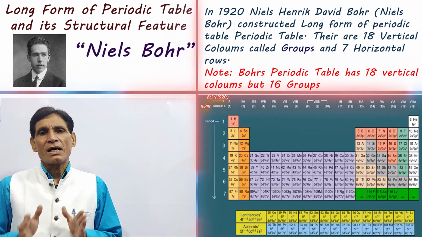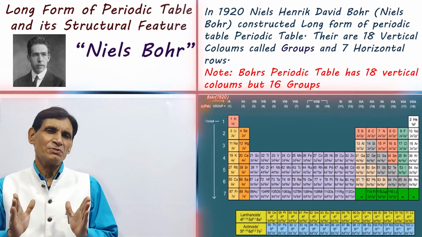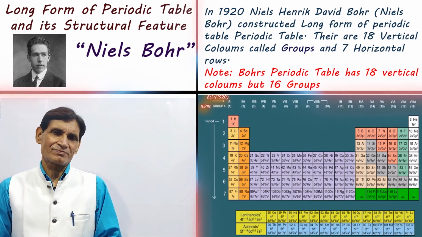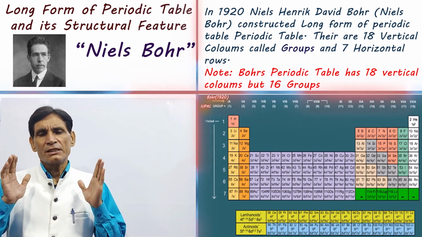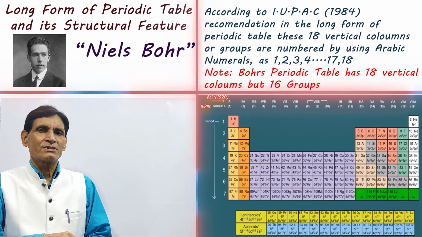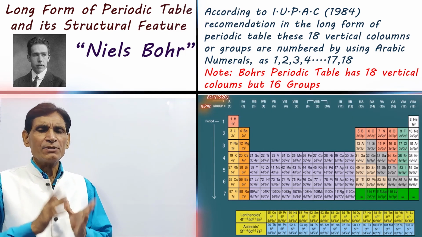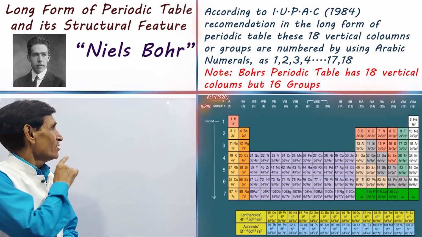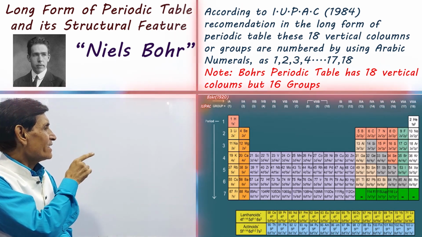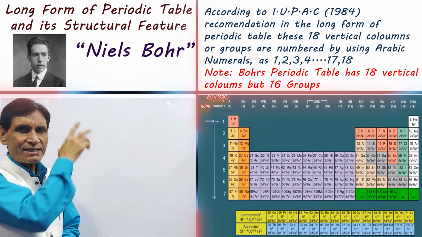According to IUPAC, the International Union of Pure and Applied Chemistry, in its 1984 recommendation, in the long form of the periodic table, these 18 vertical columns or groups are numbered using Arabic numerals as 1, 2, 3, 4, 5, 6, 7, 8, 9, 10, 11, 12, 13, 14, 15, 16, 17, 18.